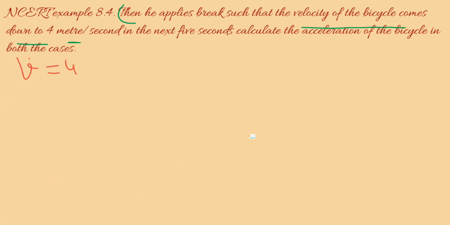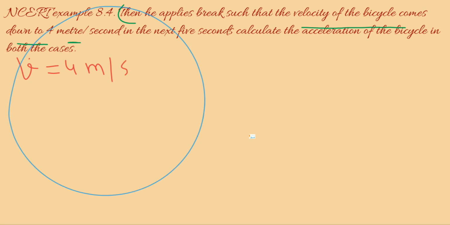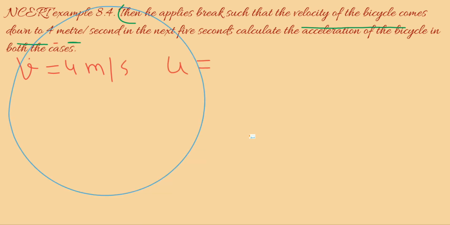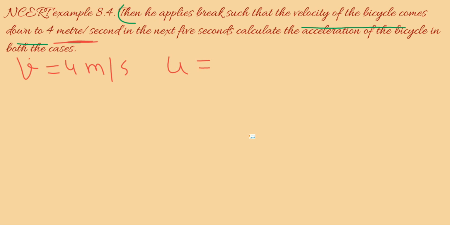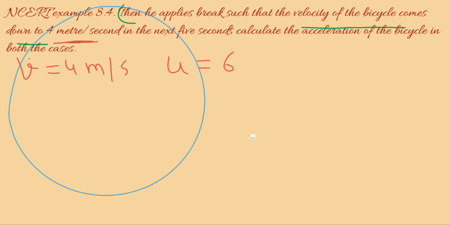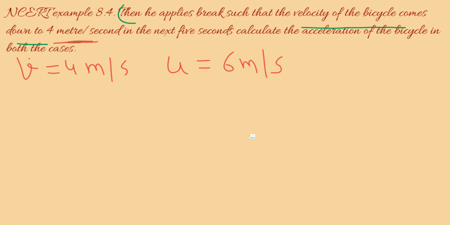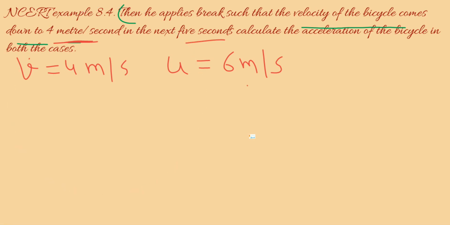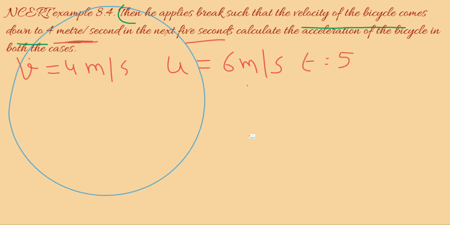So what was the initial velocity? It was 6 meter per second. In the first part, our final velocity is 6 meters, so the final of the first part will be the initial of the second part. In the next 5 seconds, so time is given as 5 seconds.